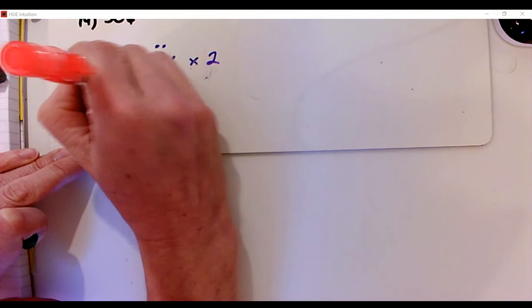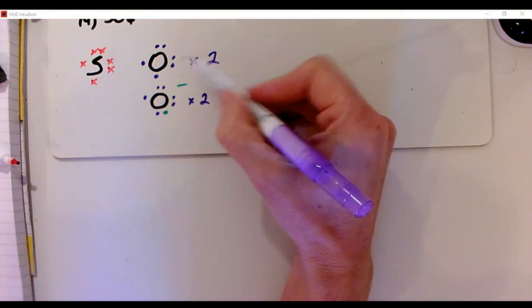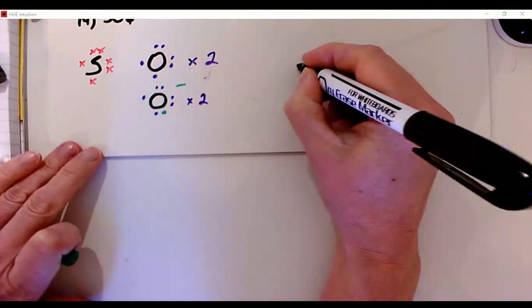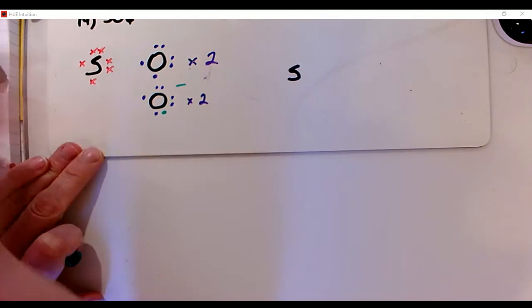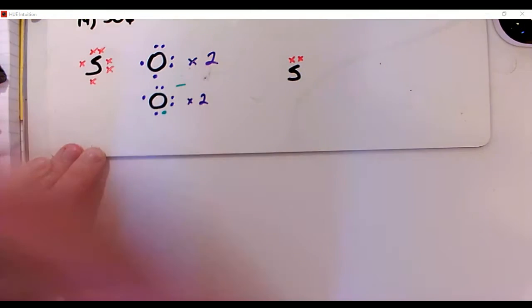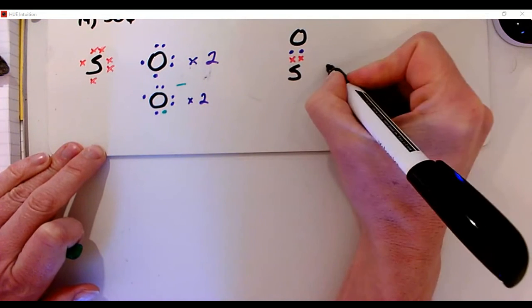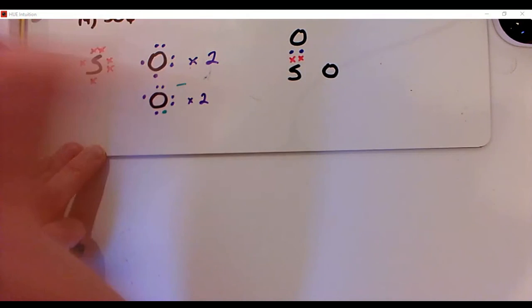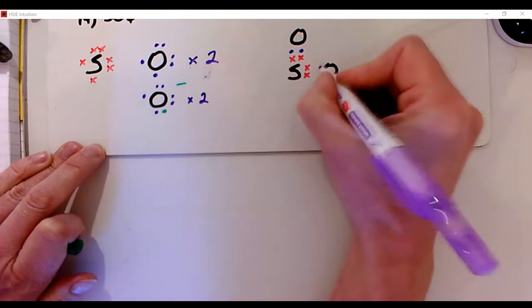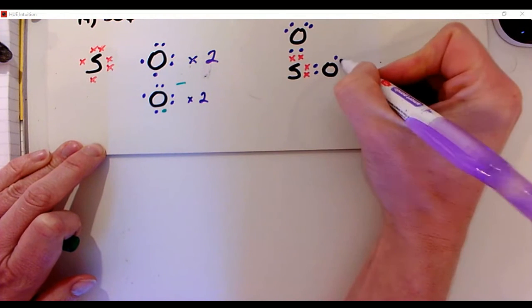So 1, 2, 3, 4, 5, 6. Let's see how many of these electrons are going to have to be in a covalent bond. We have 2 of these, so you're going to have 2 double covalent bonds. Let's do those first. So 1, 2, 3, 4, and then the oxygen has 2 lone pairs.